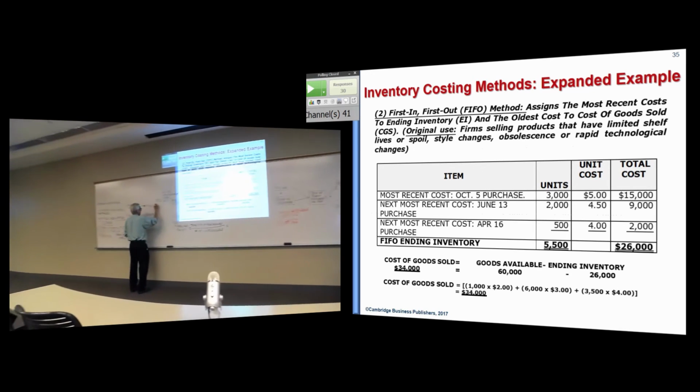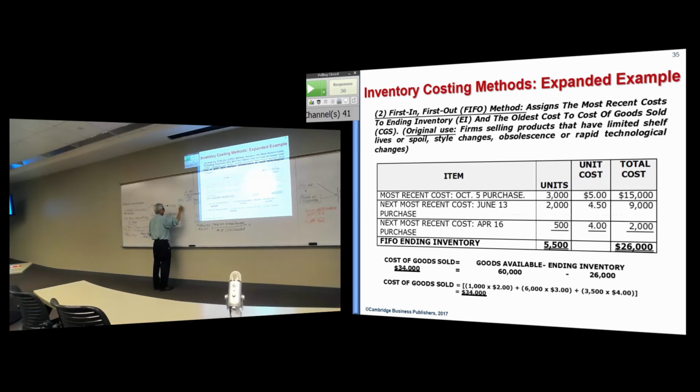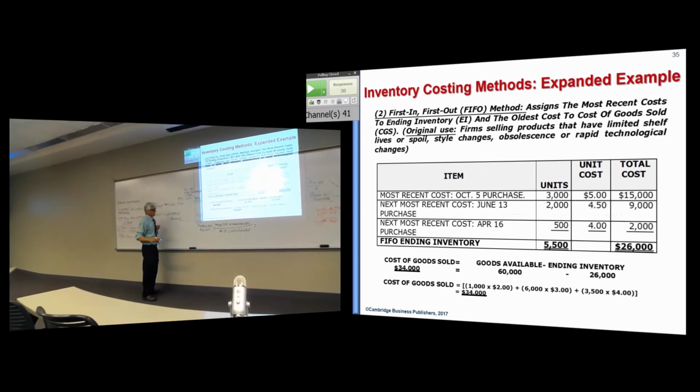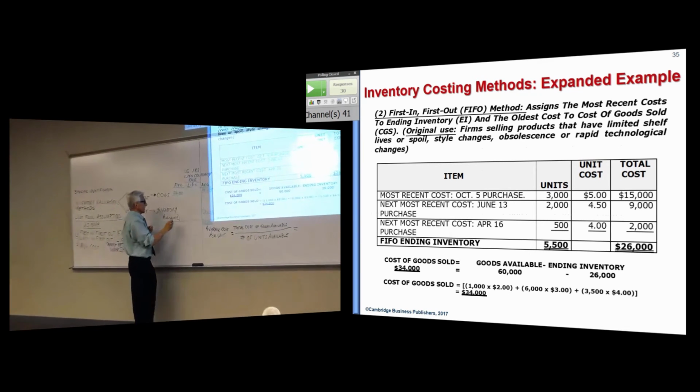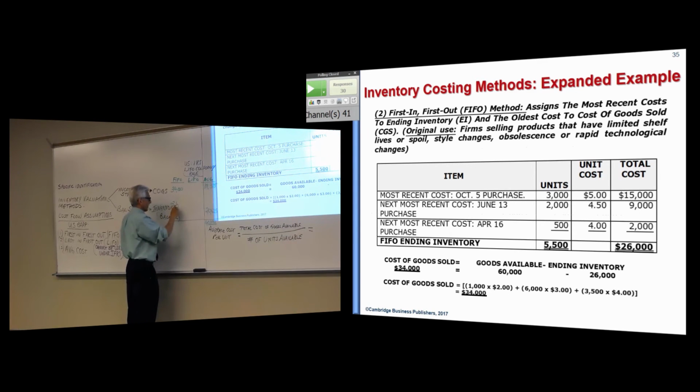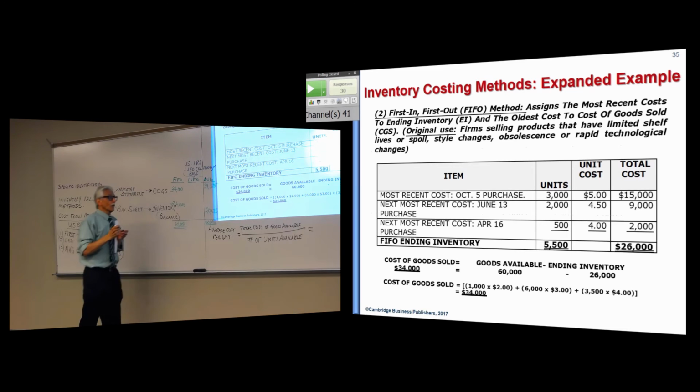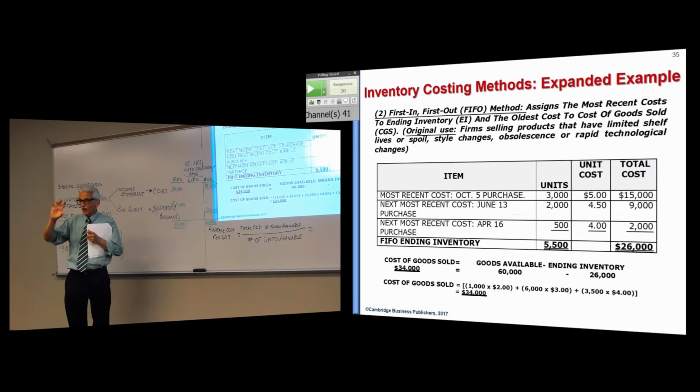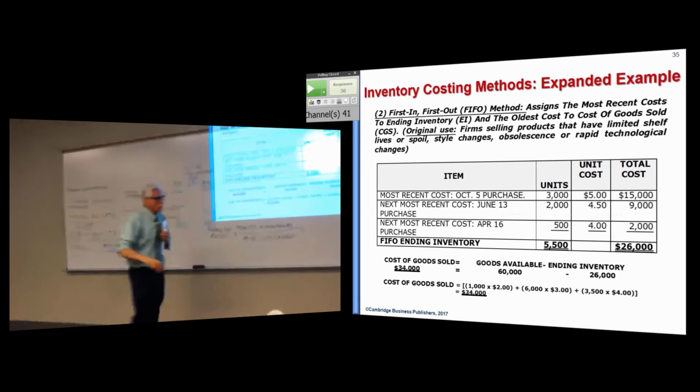So FIFO, 34 on the cost of goods sold, ending inventory is 26. And of course, the total is 60,000 that I've allocated. If you prefer to calculate the cost of goods sold, the way the method is kind of entitled, first in, first out, you can always do it this way.